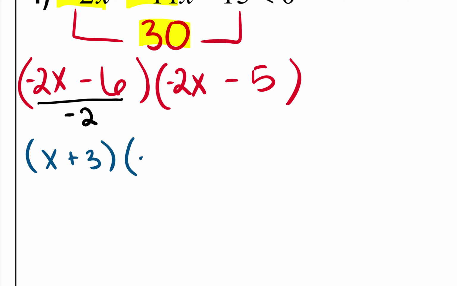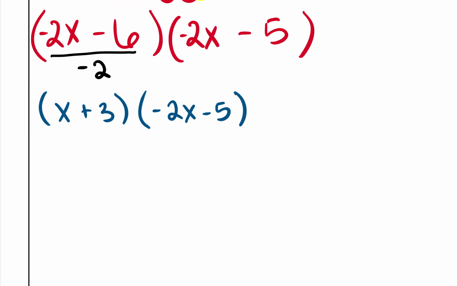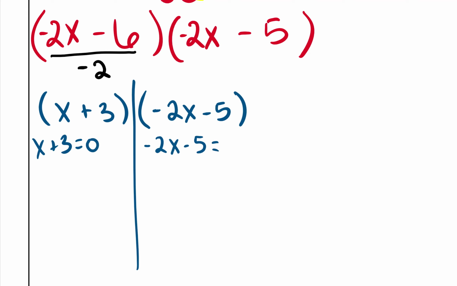And on this side, I have -2x minus 5. Okay? So now I can solve for x. So again, I set these equal to 0, and then solve for x.